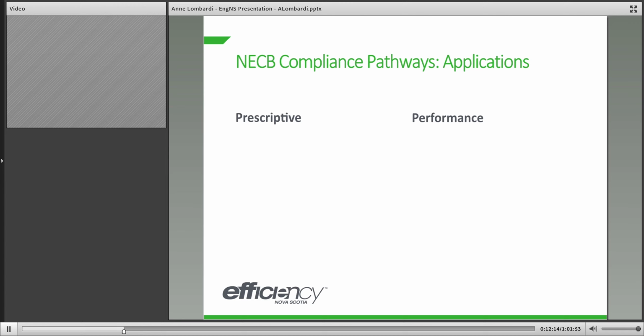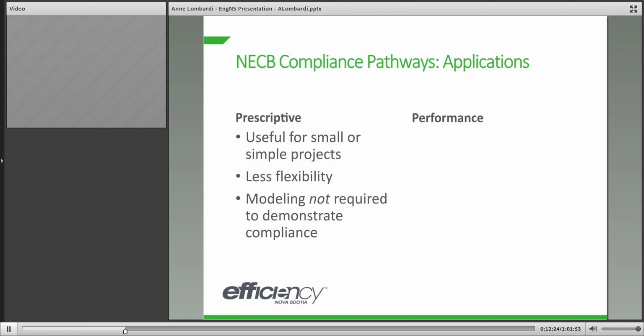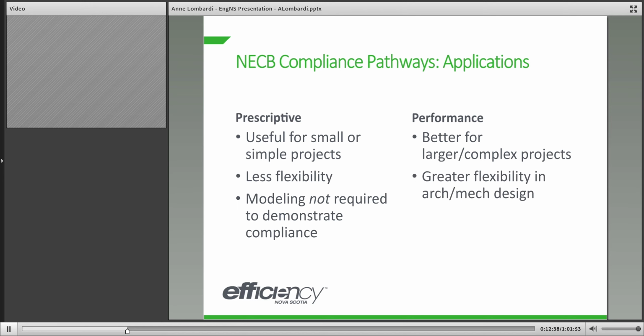And so where we might use these different pathways, the prescriptive is certainly useful for small or simple projects. There is less flexibility, like I said, but the benefit is that modeling is not required. So you don't have to go through the process to actually generate an energy model to comply with the prescriptive path. The performance path is great for larger or complex projects.